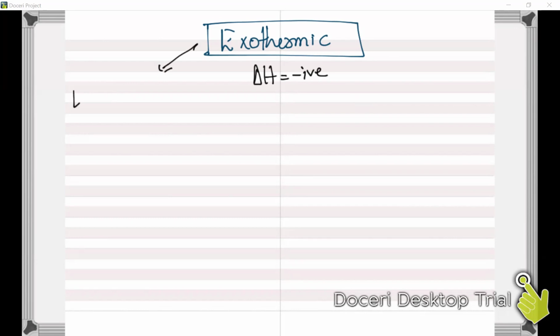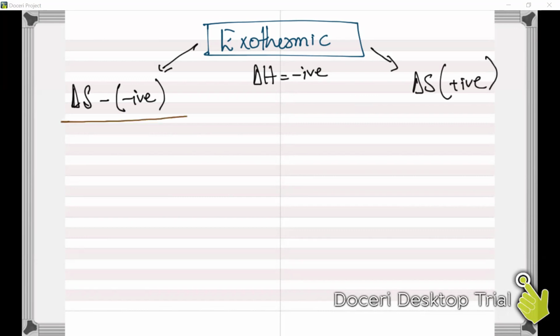But the entropy of the system can be negative, and the entropy of the system can be positive as well. Which means if we see the equation of Gibbs free energy, it has the enthalpy change as well as the temperature and so on. So this is the equation we have.